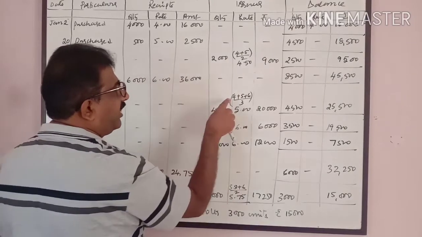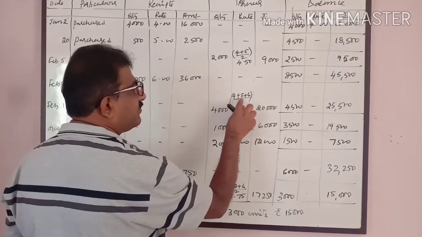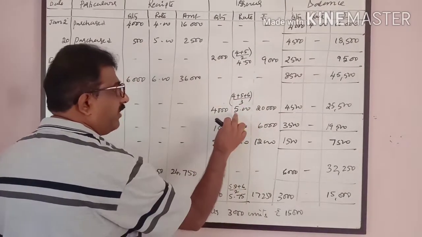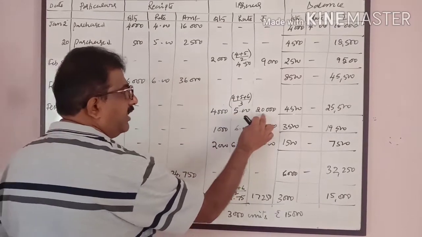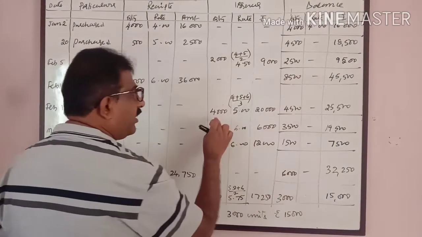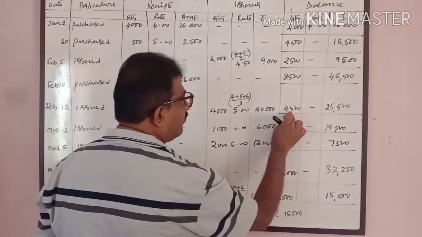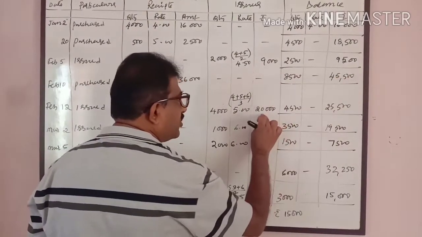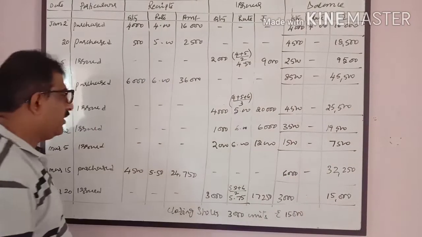That's why I have taken all the three prices here. 4 plus 5 plus 6 divided by 3, 5 rupees. 4,000 into 5, it comes to 20,000. And the balance now, 8,500 minus 4,000, 4,500, 45,500 minus 20,000, it comes to 25,500.